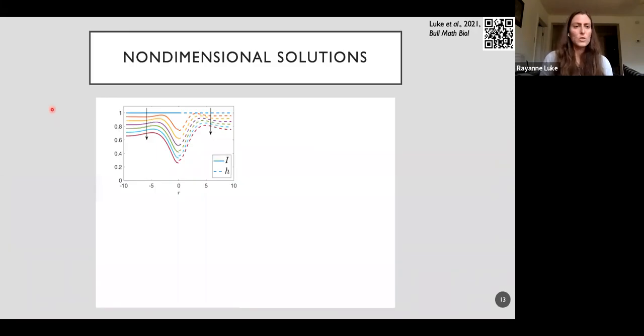Okay, so first, what do the non-dimensional solutions look like? So on the top here, I have fluorescent intensity on the left, film thickness on the right, and arrows are indicating increasing time, so you can see the formation of the spot. The first thing to notice here is the qualitative similarities between intensity and film thickness.